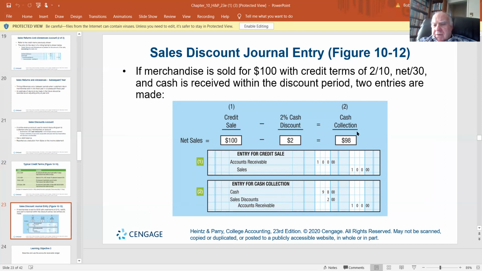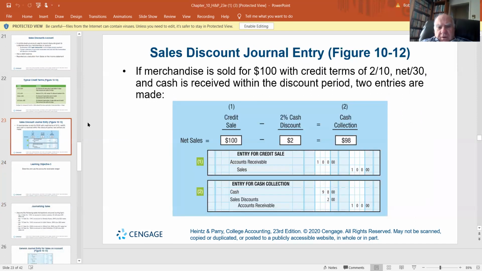So the cash amount is 98. How much did they owe us? $100. How much of a discount do they get? 2%, $2. The cash is 98. So this customer settled a $100 debt to us for just $98. And again, with interest rates as low as they are, you would be nuts not to take advantage of a 2/10 discount.